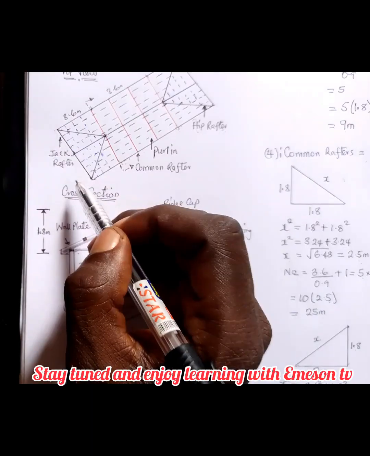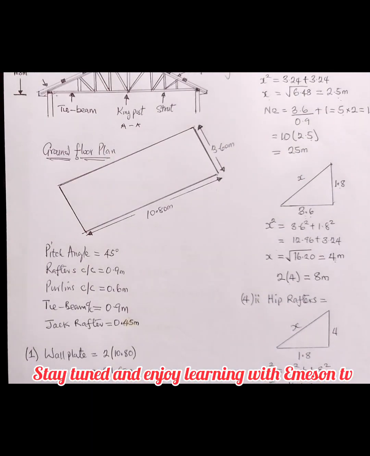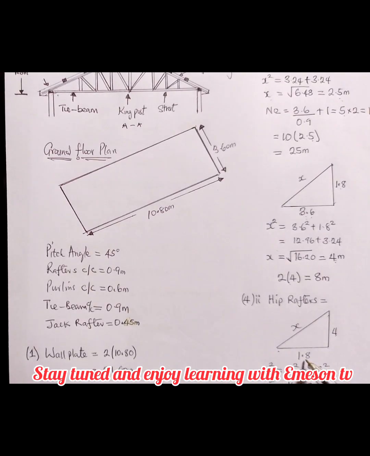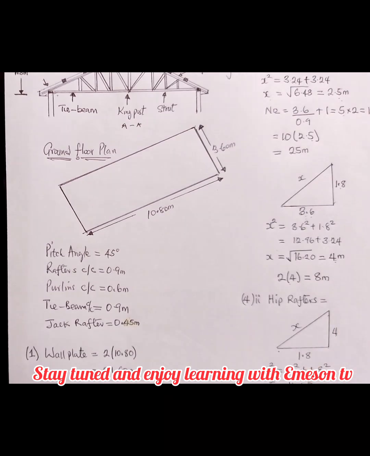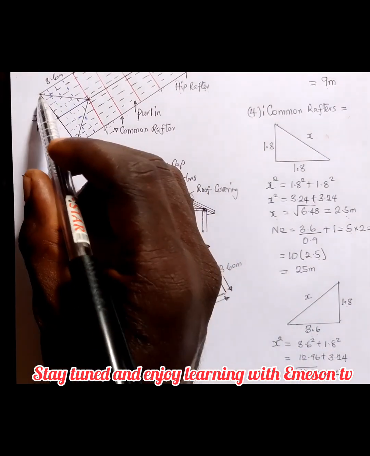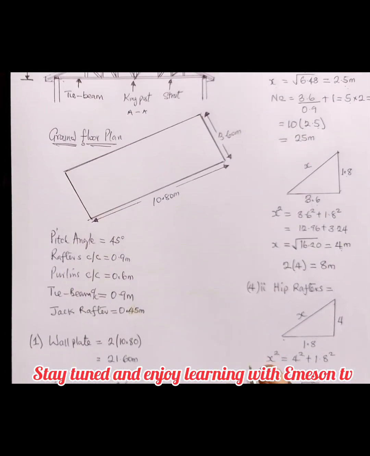From here to here will be 1.8. So for our hip, from here to here is 4 meters. Then from here to here is half of the span, which is 1.8. Then this hip is what we don't know, what we need to calculate now. So let's use Pythagoras theorem to solve.